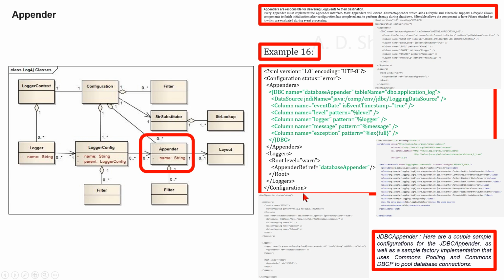Here the column mapping parameter name, string, is required: the name of the database column.